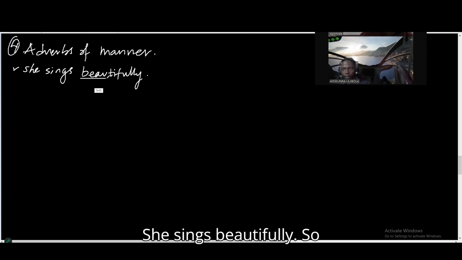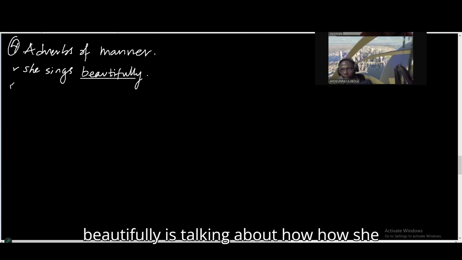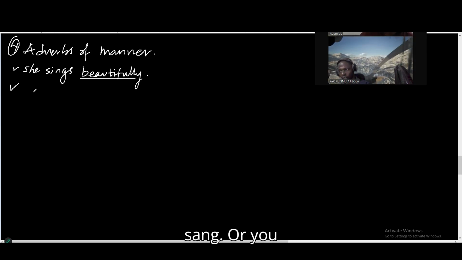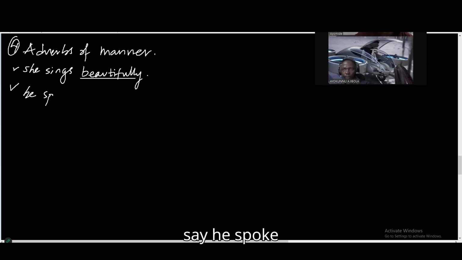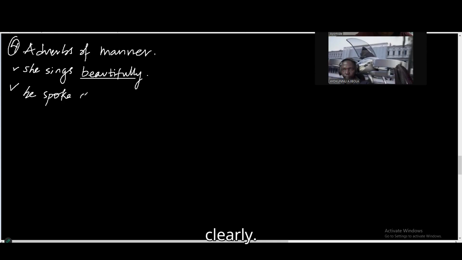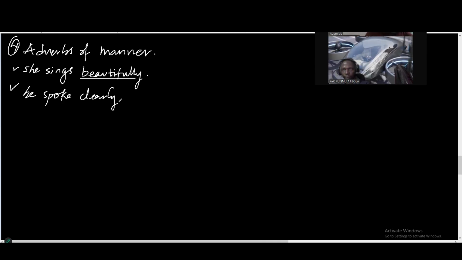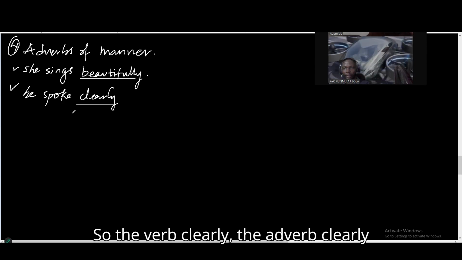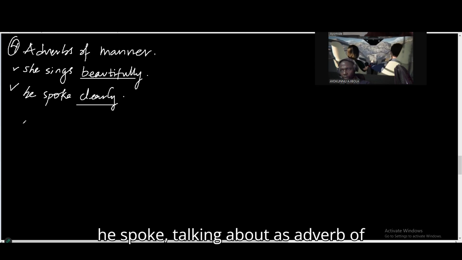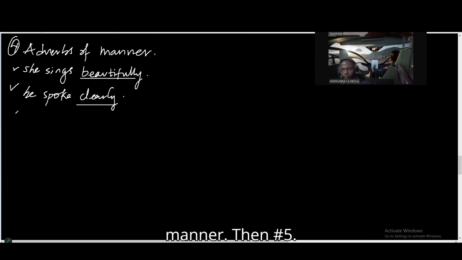She sings beautifully. So beautifully is talking about how she sang. Or you say he spoke clearly. So the adverb clearly is what we're talking about as adverb of manner.